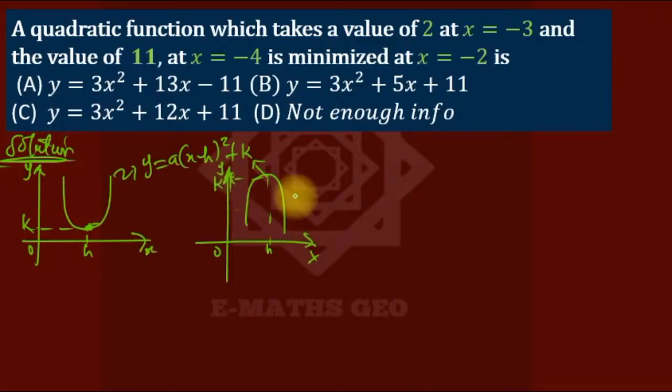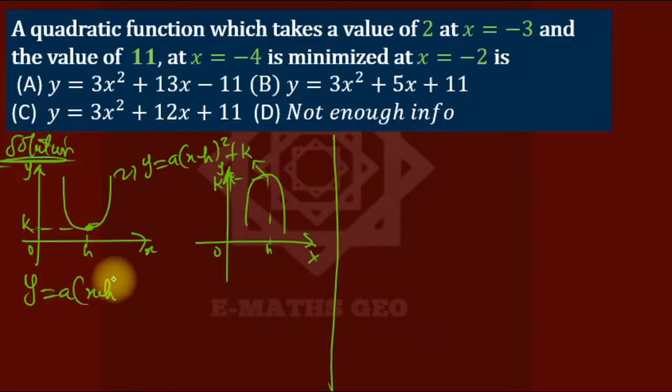So using that knowledge to solve this question, we have y equals a times (x minus h) all squared plus k.